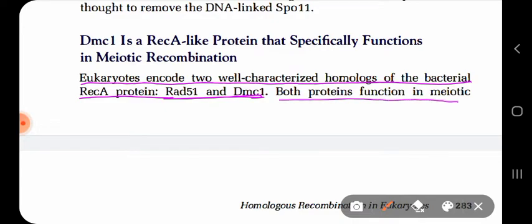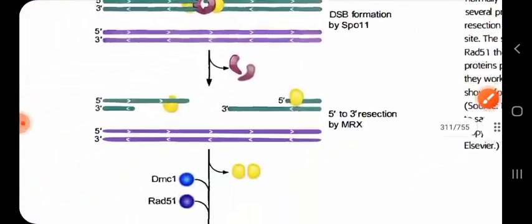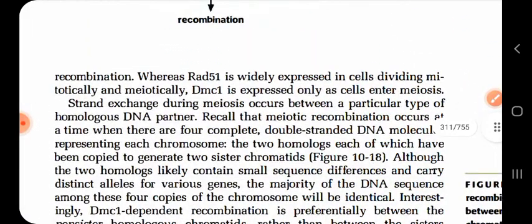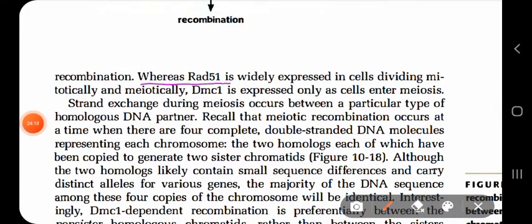Both proteins function in the meiotic recombination process, whereas RAD51 is widely expressed in cells dividing mitotically and meiotically. DMC1 is expressed only in cells which enter meiosis. So RAD51 is involved in mitosis as well as in meiosis, whereas DMC1 is expressed in those cells which enter meiosis.